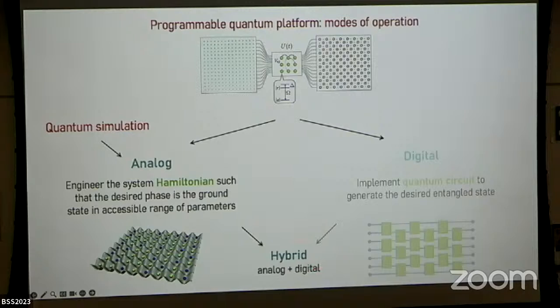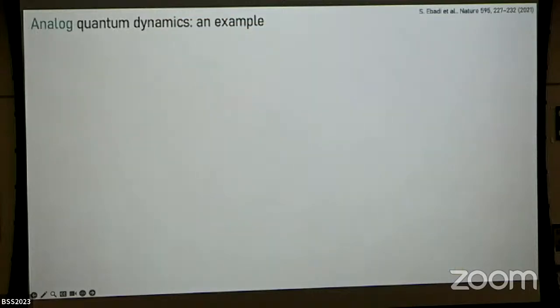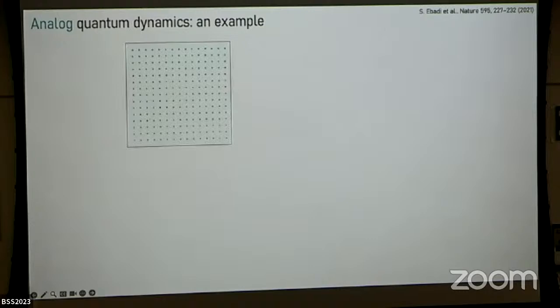Towards the end of the talk, hopefully, I will show you an example of this. Okay, so let me first introduce what we mean when we say that we're using this platform in an analog mode. I will show you an example that is going to be useful for everything we see today. So we take as a first example this square lattice that I showed at some point yesterday as well.